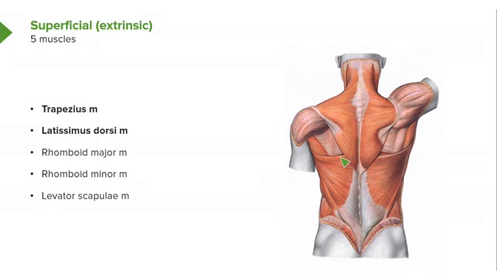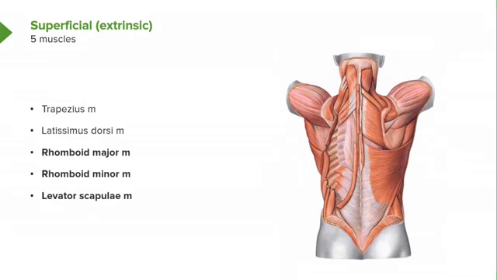Below is the extensive latissimus dorsi muscle on this side, and we see the latissimus dorsi on the opposite side as well. The next 3 superficial muscles are the rhomboid major, the rhomboid minor, and the levator scapulae.